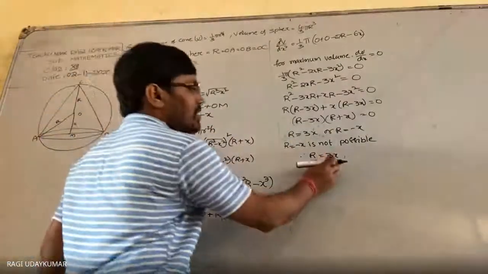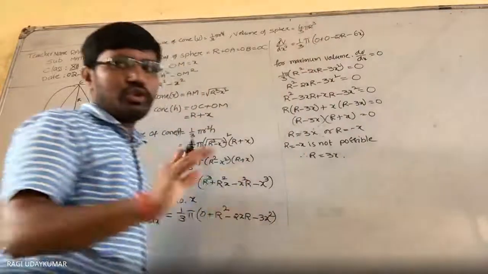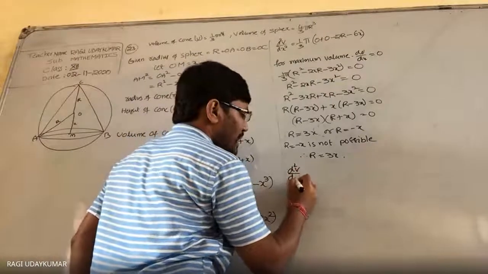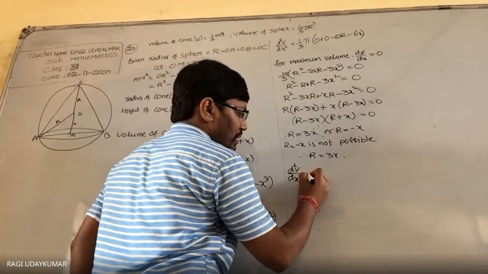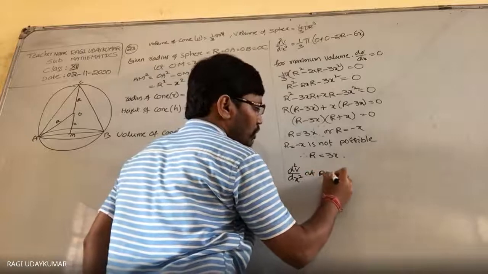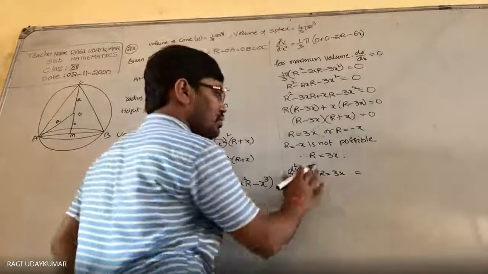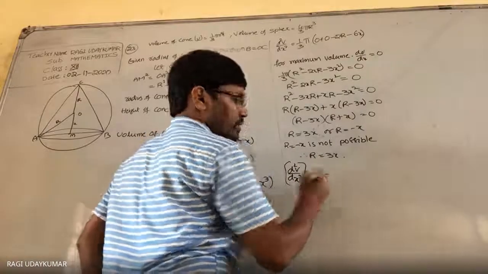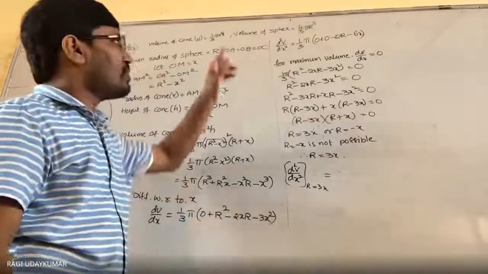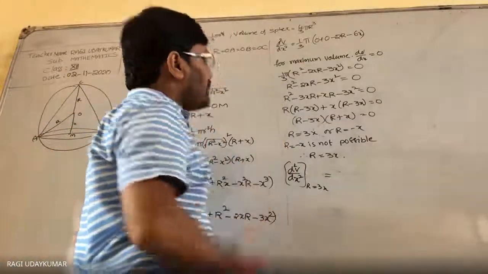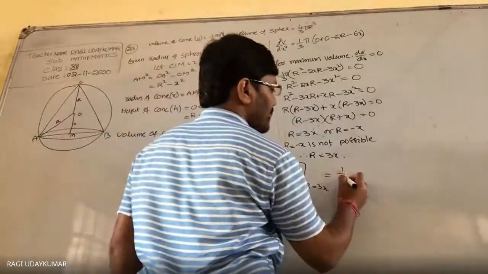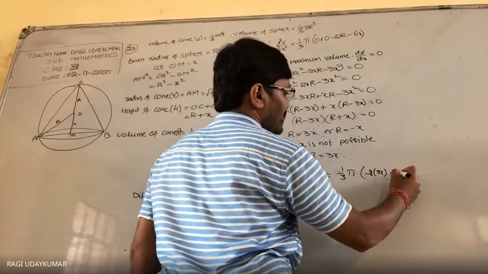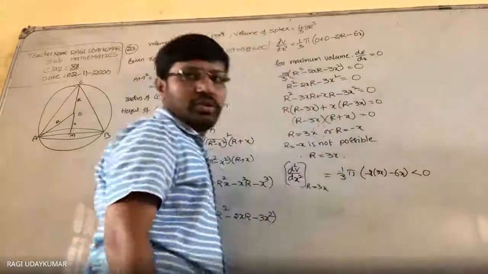So in the place of r, if you substitute 3x, you need to get less than 0. You are going to get 1 by 3 pi times minus 2 into 3x minus 6x, which is less than 0. Less than 0 has come.